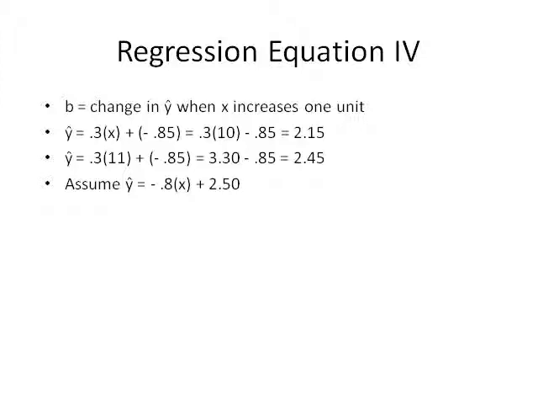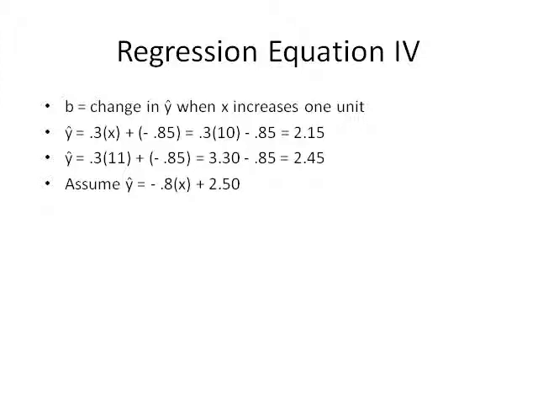If x equals 10, our predicted value of y equals 2.15. If x increases 1 unit and becomes 11, our predicted value of y is now equal to 2.45. Thus, as x increased by 1 unit, y increased by 0.3, or the value of b.